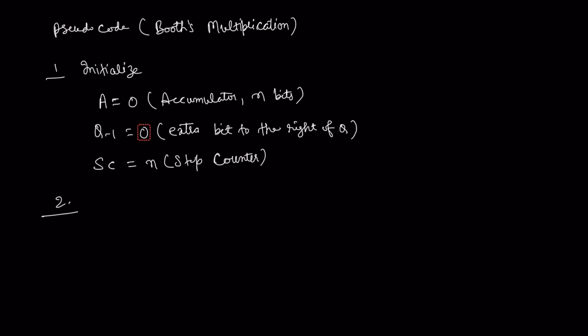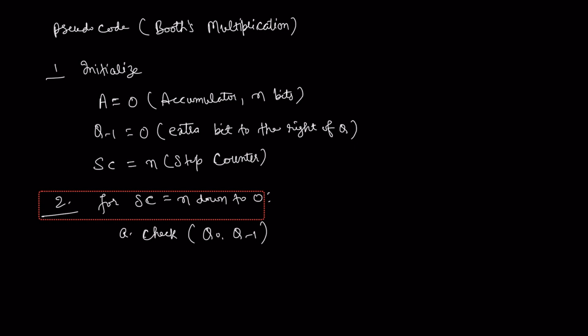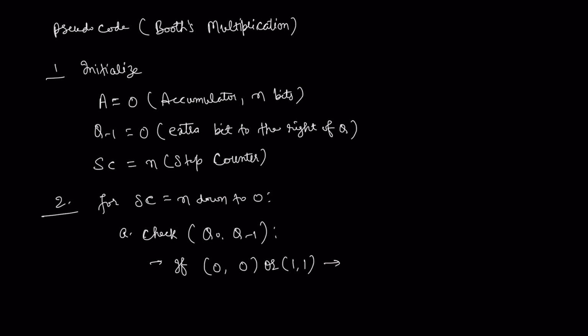Second, we will go inside a for loop for the step counter, for step counter equal to n down to 0. That means if n is 4, this will go 4 times. So here we check Q0, Q minus 1. Accordingly, if this is 00 or 11, then we have to just shift.